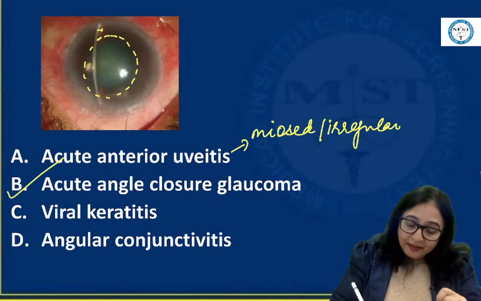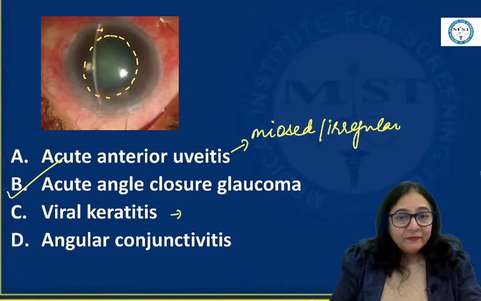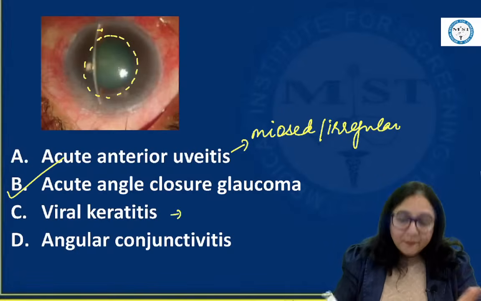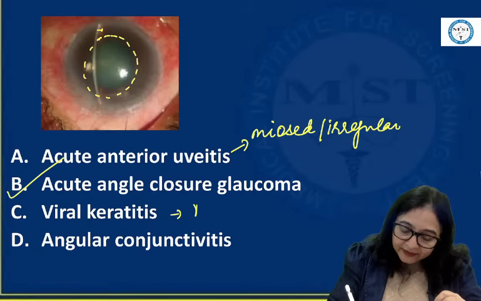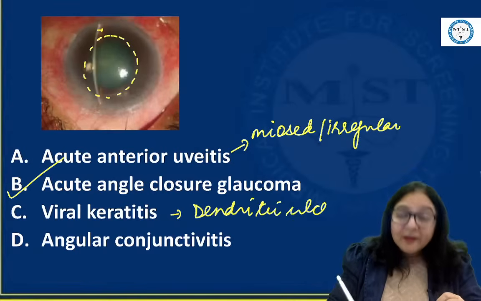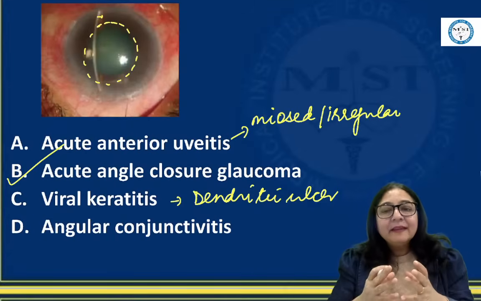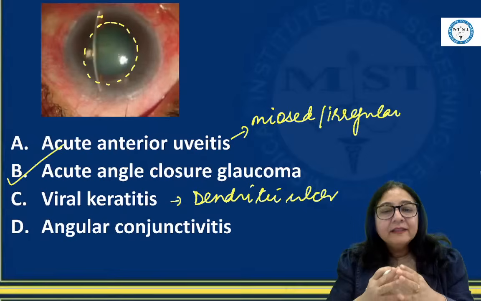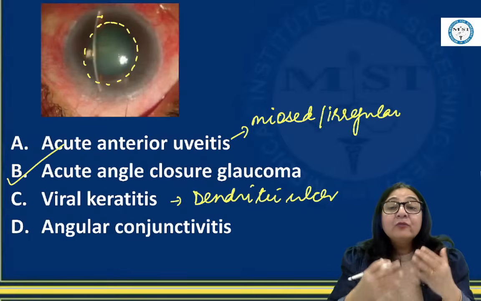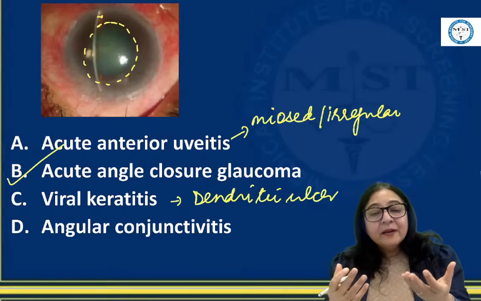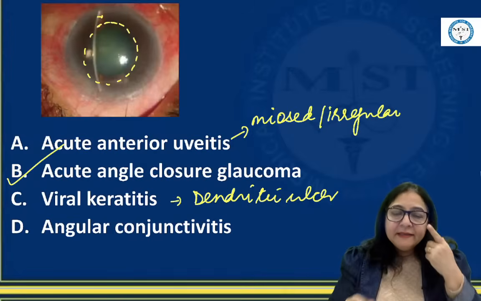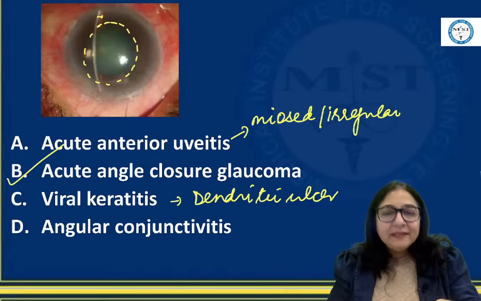Okay. Viral keratitis: the pupil should be normal and it causes a dendritic ulcer. Angular conjunctivitis is an inflammation or infection in the conjunctiva, so it won't be causing severe pain or corneal edema or shallow anterior chamber.